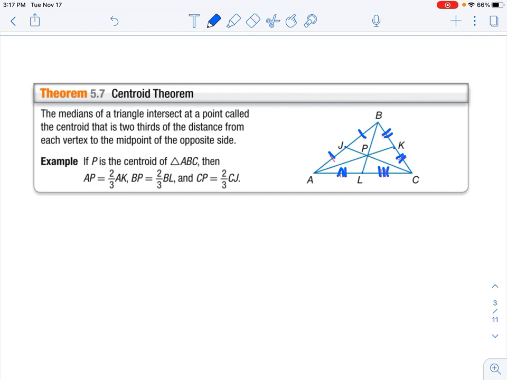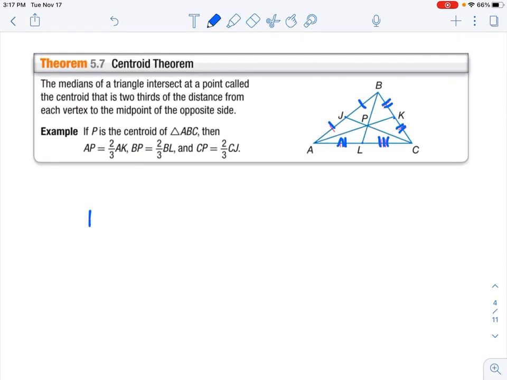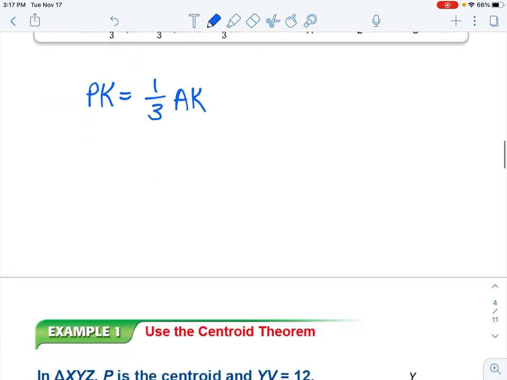Then we know that these segments, so take AK, this whole segment, if we take 2/3 of that segment, we know the length from the vertex to the centroid is 2/3 of that. Then we also know, based on that, PK has to equal 1/3 of the whole segment, because that's all that's left to be available. So let's try some.